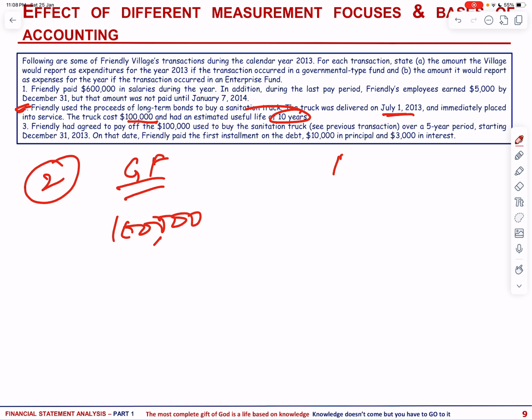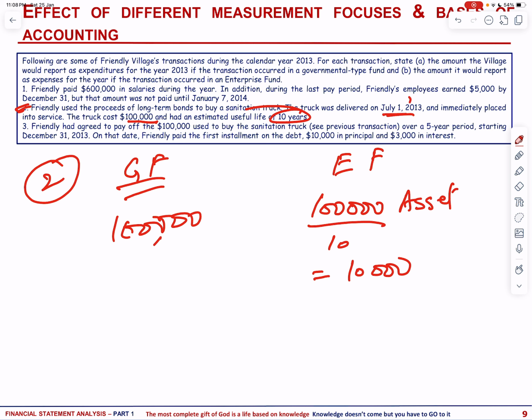Coming to the enterprise funds, under accrual basis, capital assets are capitalized and depreciated over time. So Friendly is going to report 100,000 as an asset and not as an expense, first of all. But there will be depreciation. The value of the asset is 100,000, the life is 10 years, so the annual depreciation is 10,000.